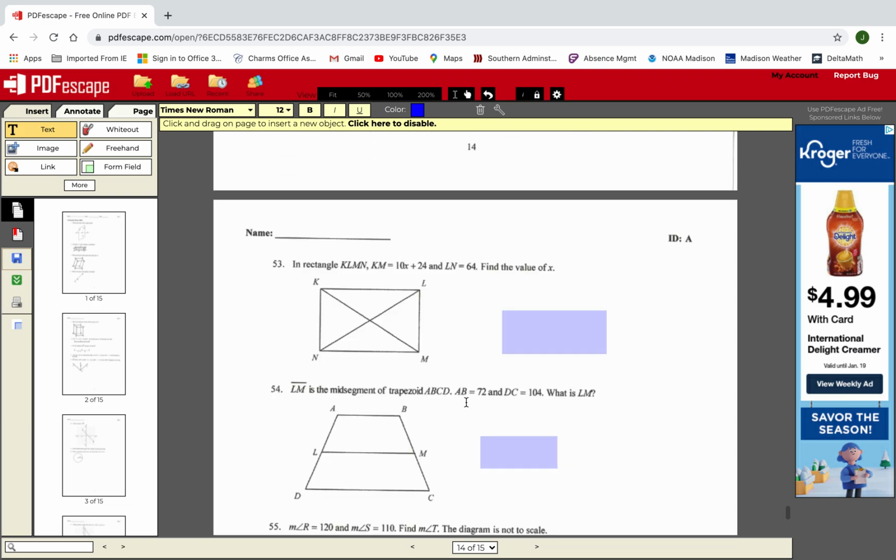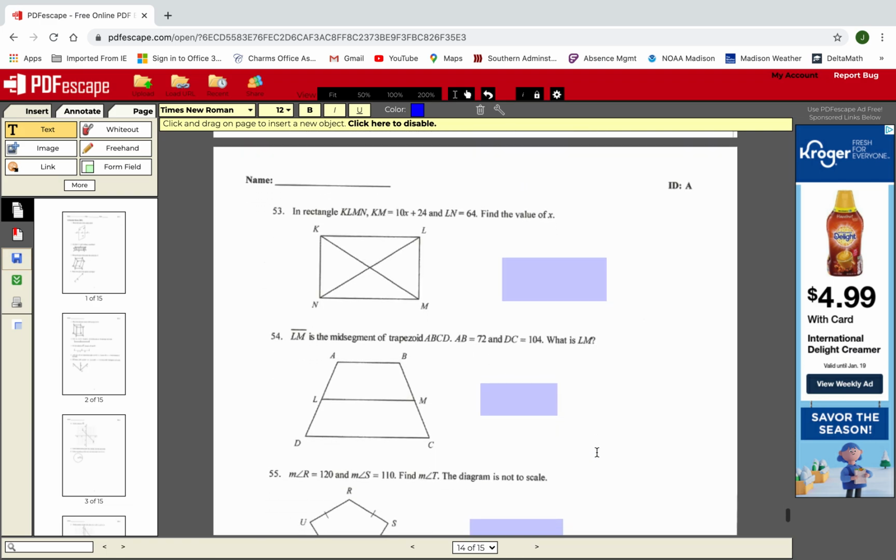53 and 54, and we're done. So here we're looking at a rectangle KLMN. You guys have seen this problem before. In KLMN, it gives you an expression for KM and it gives you an expression for LN. Well, in a rectangle, the diagonals are congruent. Let's make a note of that. Diagonals congruent. This should be freshest in your mind because we just finished this.